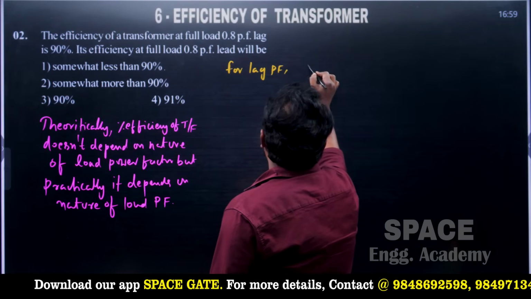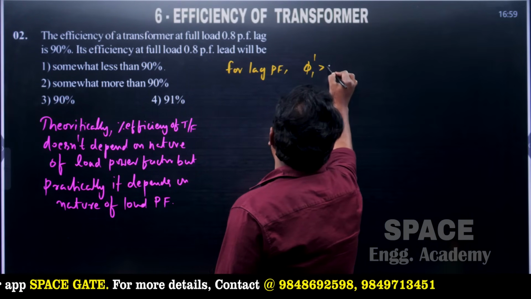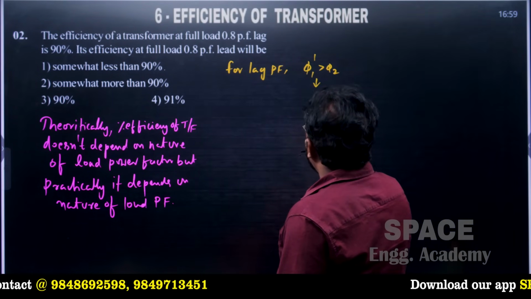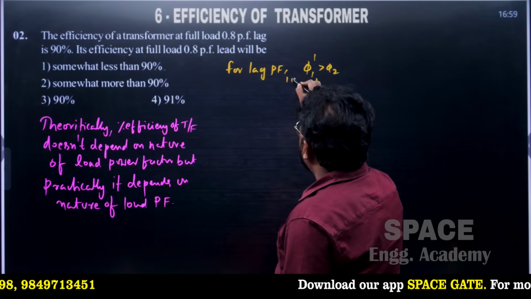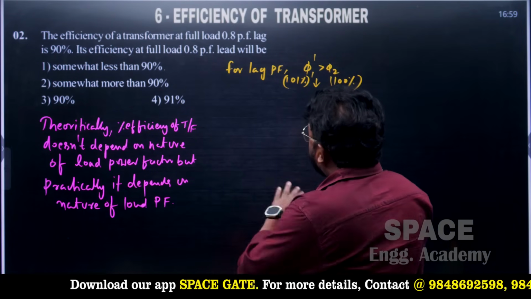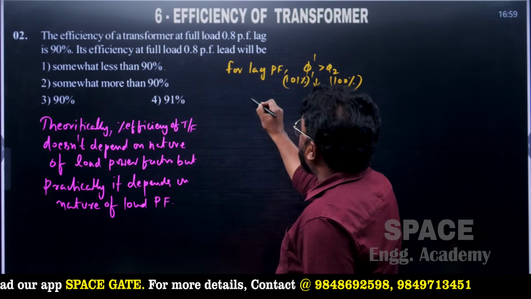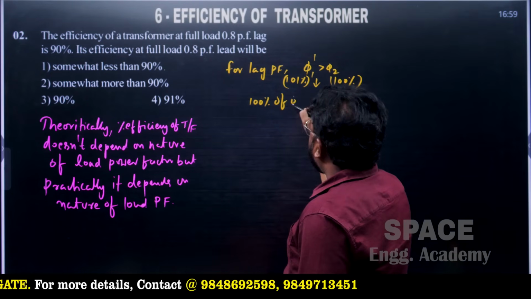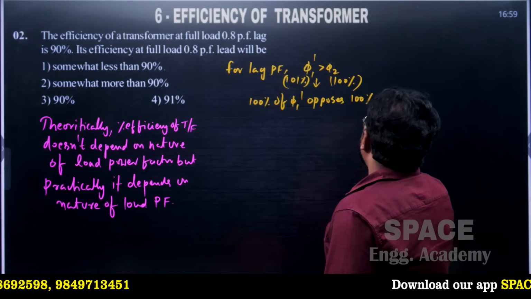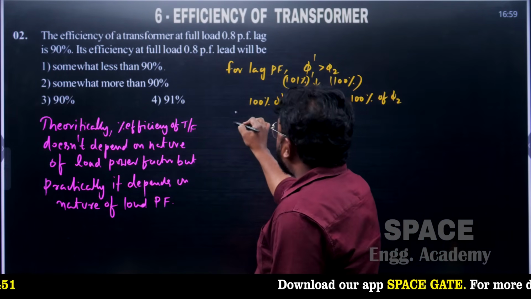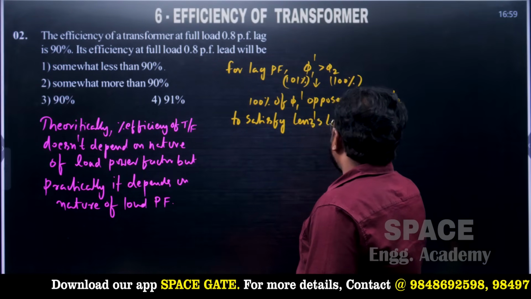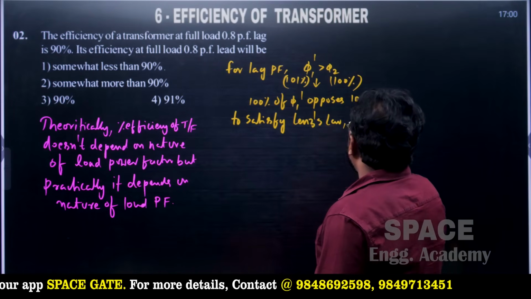We know that phi 1 dash is a little bit greater than phi 2. Due to this, the net EMF, phi 1 dash, is a little bit greater than phi 2, let us assume 101%, or call it 100%. Now, 100% of phi 1 dash opposes 100% of phi 2, to satisfy Lenz's law, so they cancel each other.